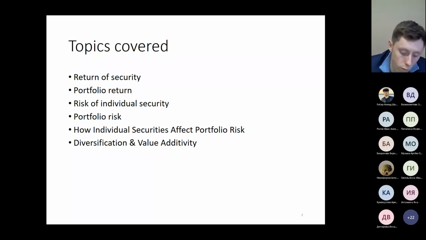Then we will proceed to the more difficult thing, but still the logic there is quite straightforward. We will discuss how to estimate the risk of an individual security, and then how to estimate the risk of the portfolio. The point there would be to compare those two. I just told you that when we invest, we prefer investing in multiple assets, so in a portfolio rather than a single asset. The main reason is that investing in a portfolio reduces our risk.